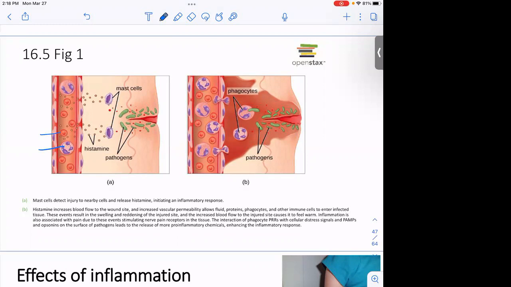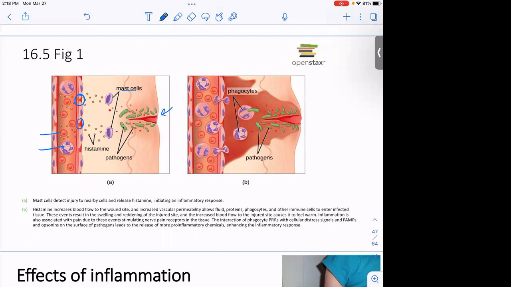So if there's some kind of injury, cells like mast cells or neutrophils, we didn't really talk much about mast cells, but they have granules as well, release those inflammatory mediators. And now the junctures between the cells in the blood vessel wall will get larger.